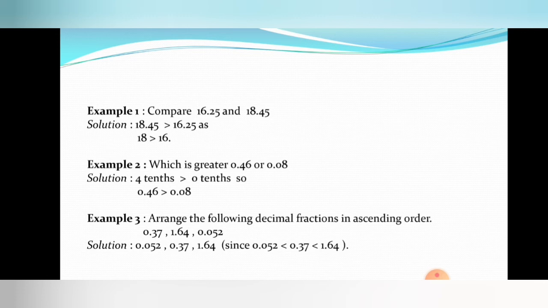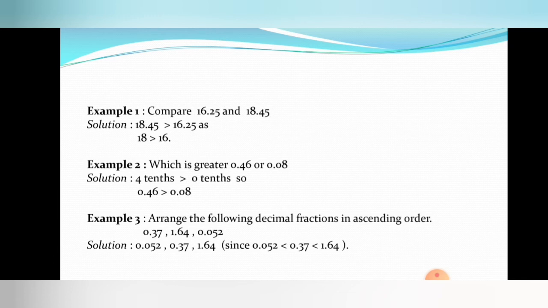The first decimal place, the tenths place, is 4 and 0 in the two numbers. 4 is greater than 0, right? Yes, that's why 0.46 is greater than 0.08.